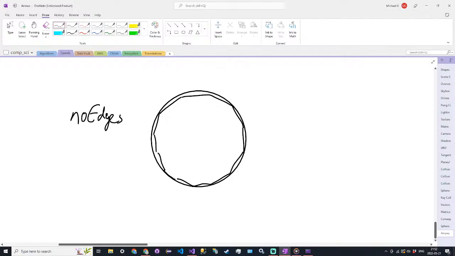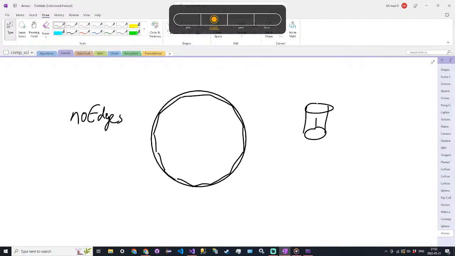So that's 1, 2, 3, 4, 5, 6, 7, 8, 9, 10, 11, 12, 13. So 13 edges, and you see that looks pretty good. So that's going to be the base. We're going to approximate each circle with 15 edges, and that goes for the base of this cylinder and also the base of the cone for the head. So the cylinder has a circle, and then also the head has another circle as the base.